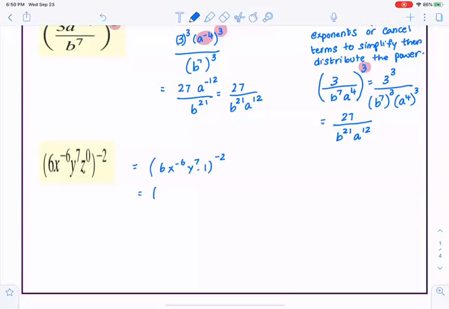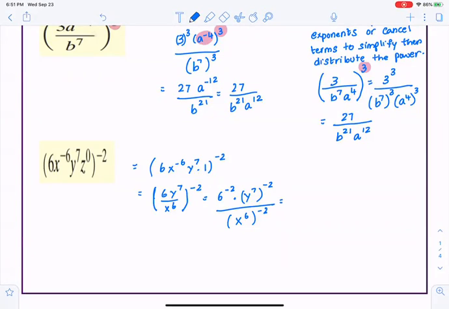If I move x raised negative 6 to the denominator, it would become x raised positive 6. Raised negative 2. Now I'll apply negative 2 to each of the terms. 6 raised negative 2, y raised 7 raised negative 2, divided by x raised 6 raised negative 2.